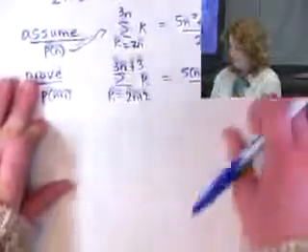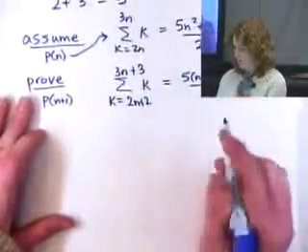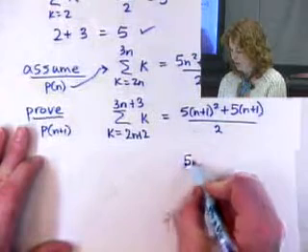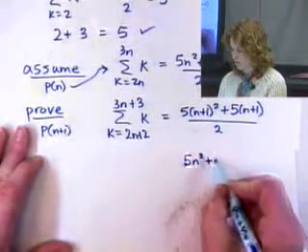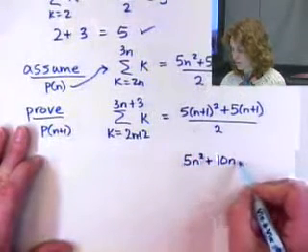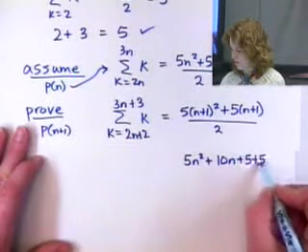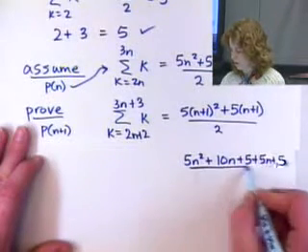All right, so from there, let's just go ahead and make this proof statement a little simpler to look at. So that's going to be 5n squared plus 10n plus 5 plus 5n plus 5 all over 2.